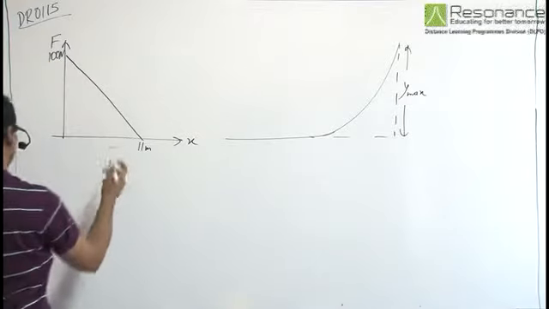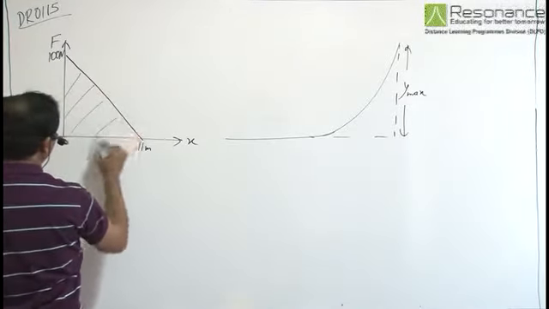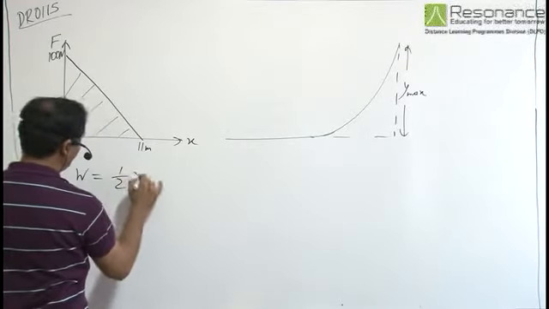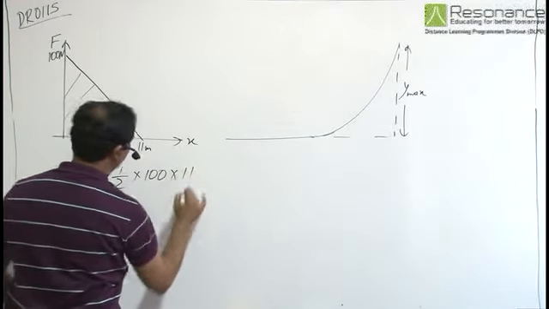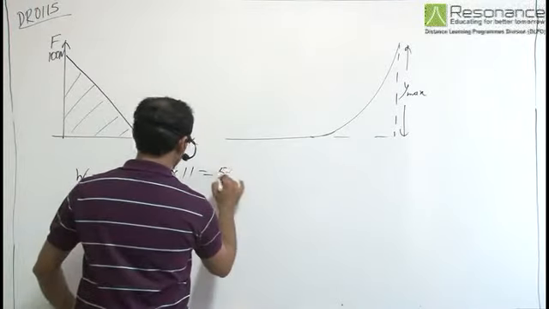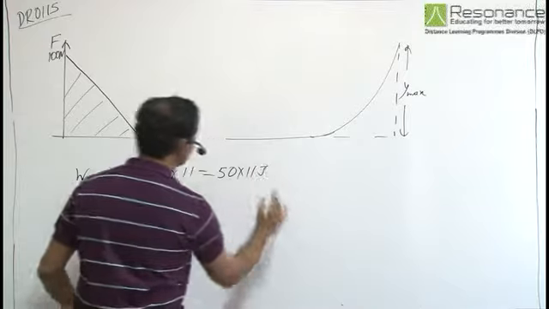Now because of this force, the work done is the area under the curve. W is equal to half into 100 into 11, that is equal to 50 into 11 joule.